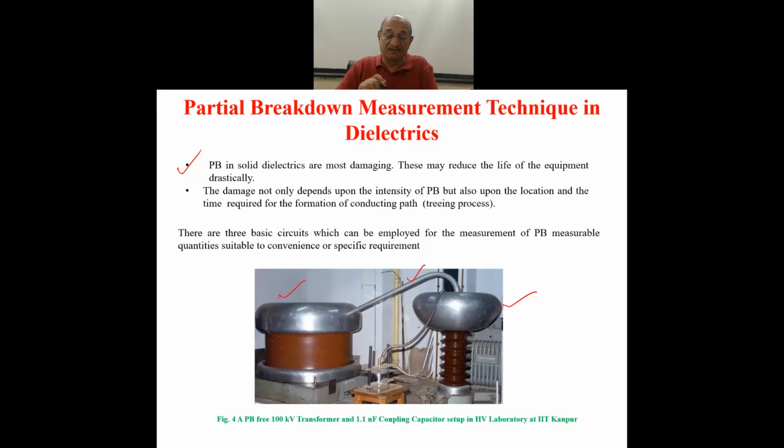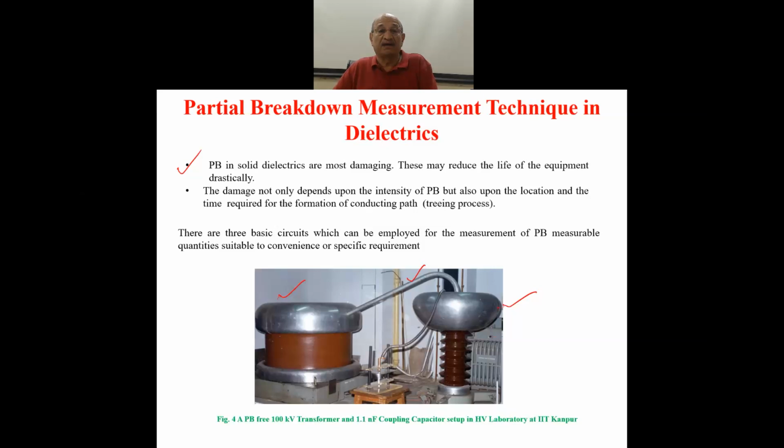If you had taken instead of this pipe a single wire, you could have done the measurement. But around the single wire at certain voltages, there would have been partial breakdown activity, corona activity in the circuitry. And that is what you don't want.